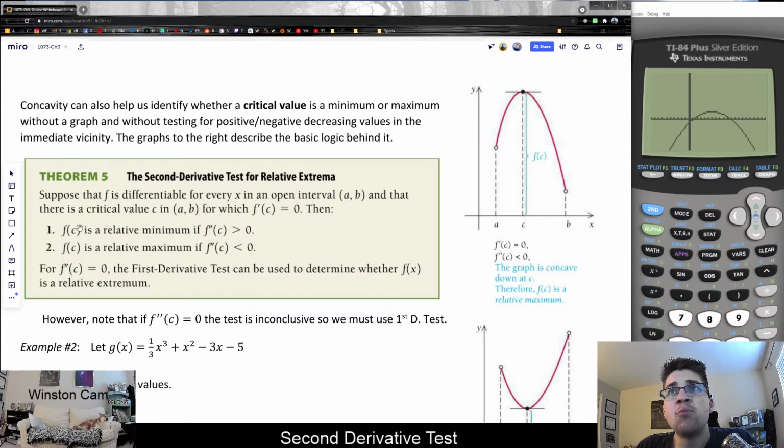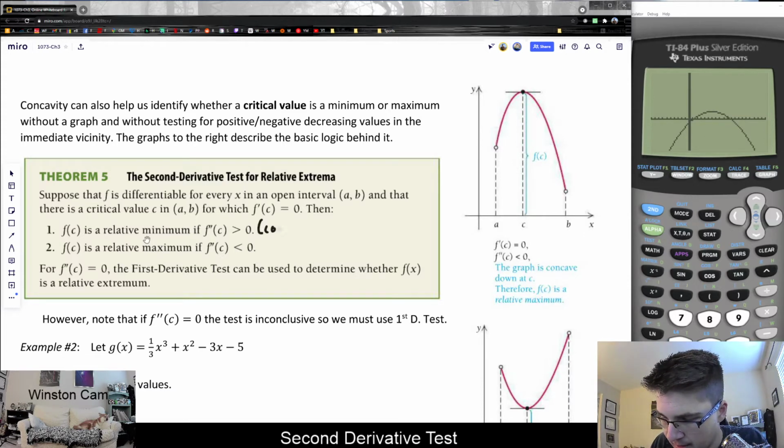It says then, one, f of c is a relative minimum if f double prime of c is greater than 0. Or, remember, as we were just saying in the previous video, this means concave up. So what it's saying is that our value is a minimum if the curve is concave up. And part two says it's a relative maximum if it's concave down, if the second derivative is negative.